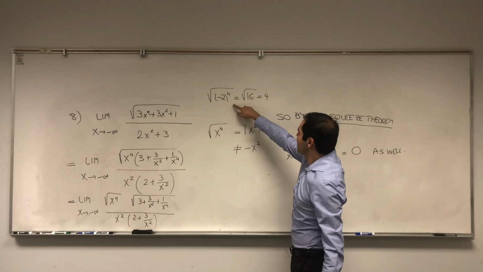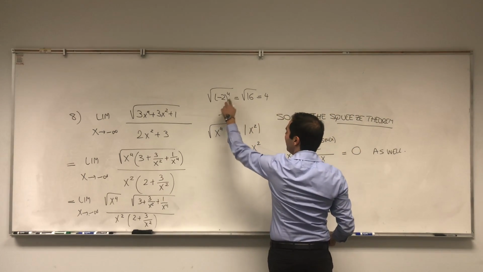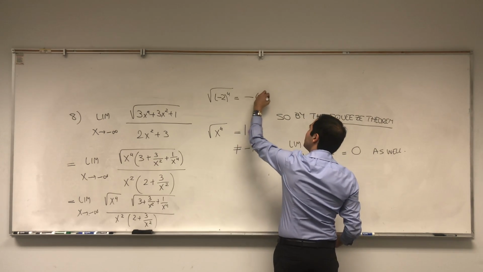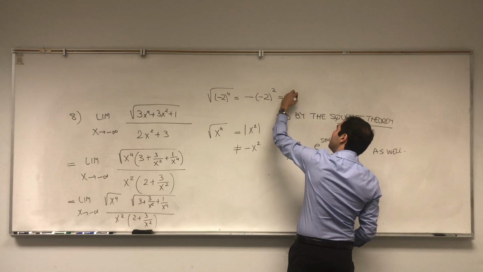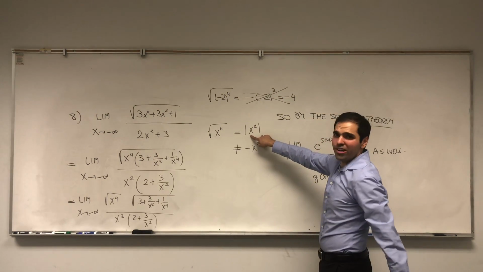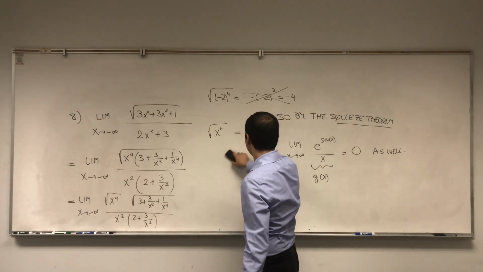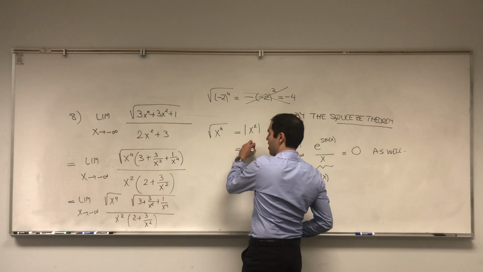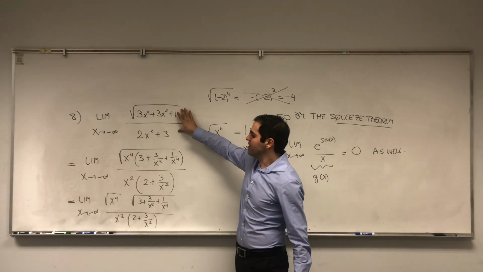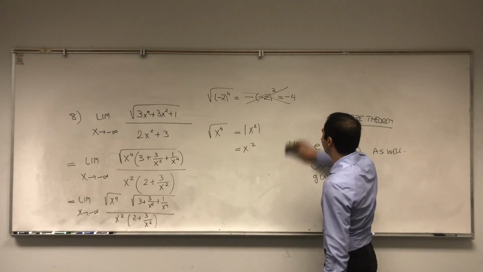In this case, that would mean that the square root of minus 2 to the 4th is minus 2 squared, and that's minus 4. That's not true. x squared itself is positive, so it should just be x squared. And by the way, think about this: those are positive quantities, so the limit should be positive. It shouldn't be something negative.